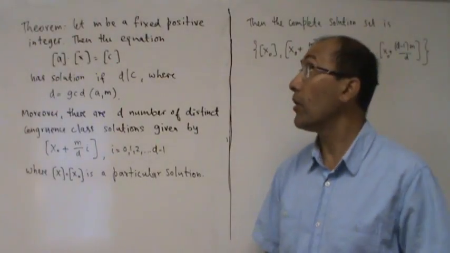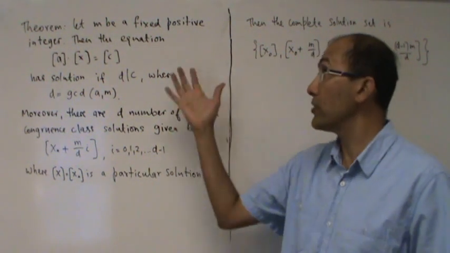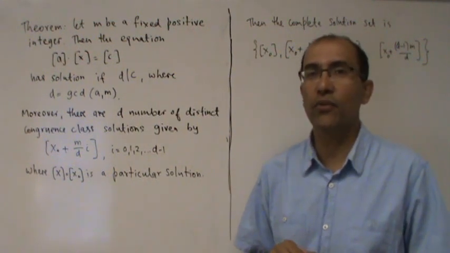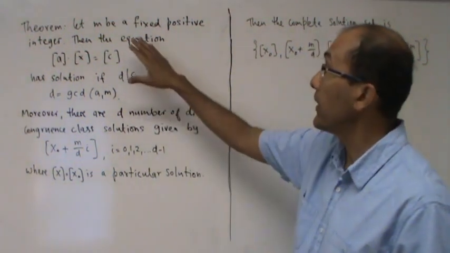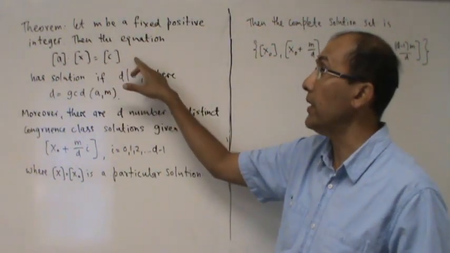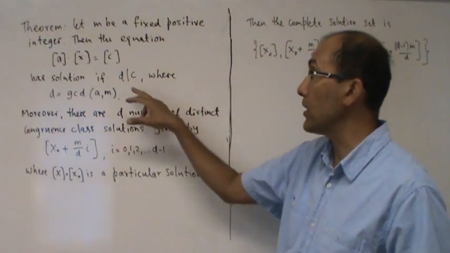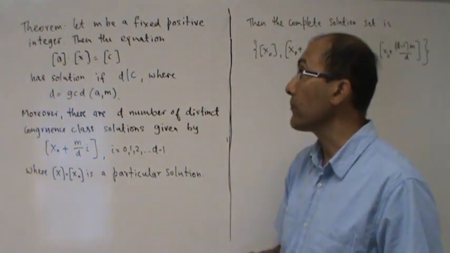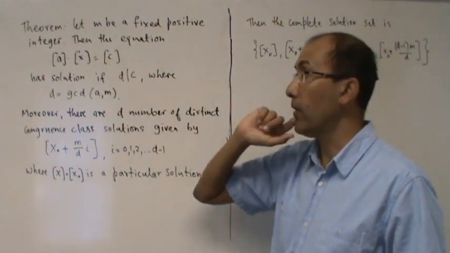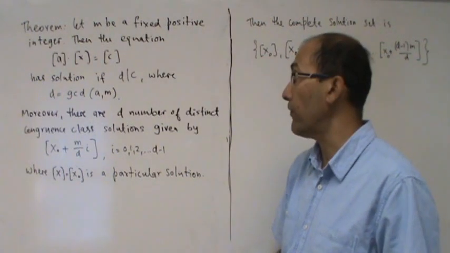We can solve these easily by using this very nice theorem. Let m be a fixed positive integer, then the equation ax = c in congruence class modulo m has solutions only if d divides c, where d is the greatest common divisor of a and m. If d divides c, we have solutions, otherwise we don't.